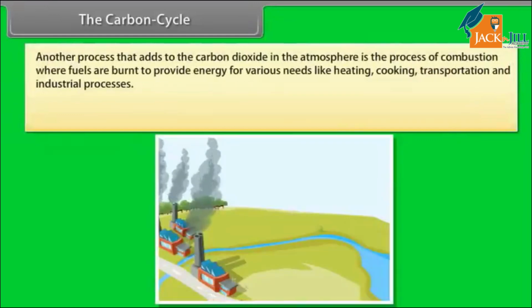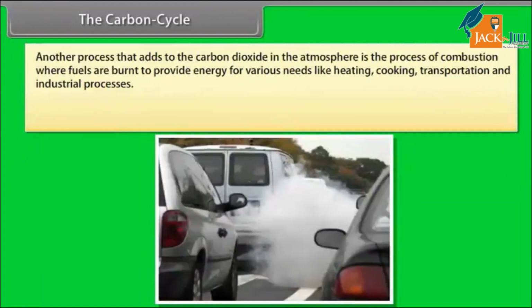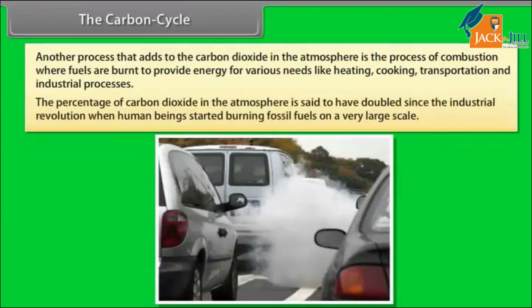Another process that adds to the carbon dioxide in the atmosphere is combustion, where fuels are burnt to provide energy for various needs like heating, cooking, transportation, and industrial processes. The percentage of carbon dioxide in the atmosphere is said to have doubled since the Industrial Revolution, when human beings started burning fossil fuels on a very large scale.